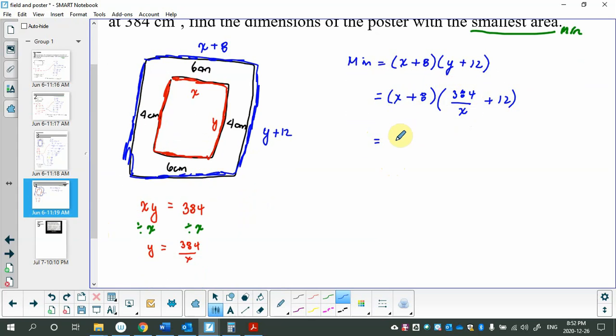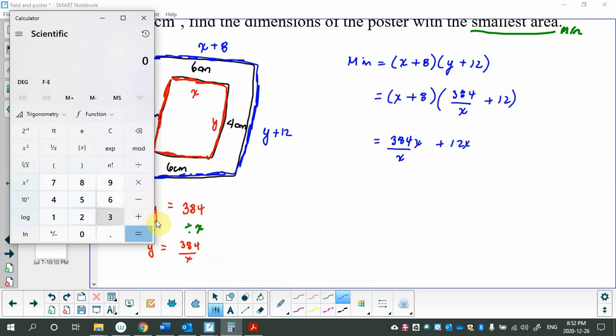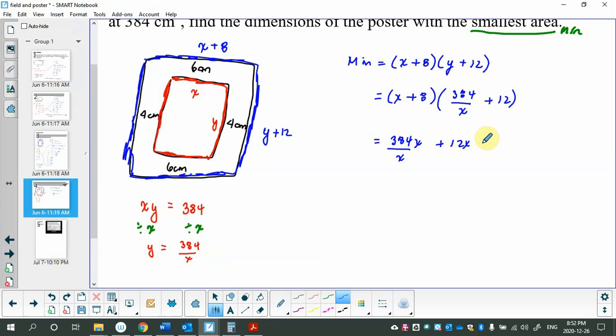So x times 384 over x times 12, 384 times 8, 3072, and that's over x, and 8 times 12.